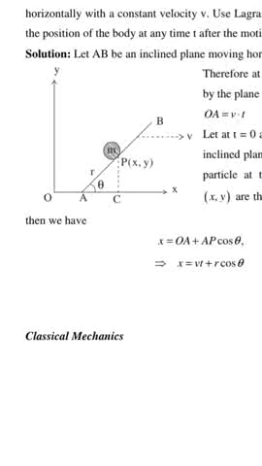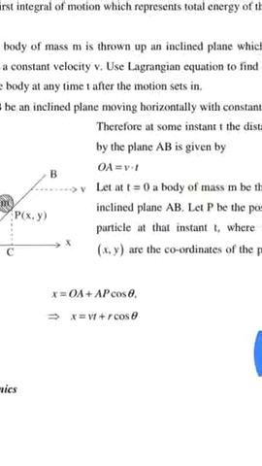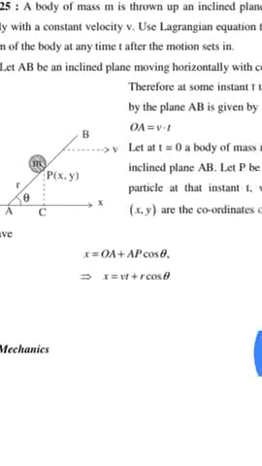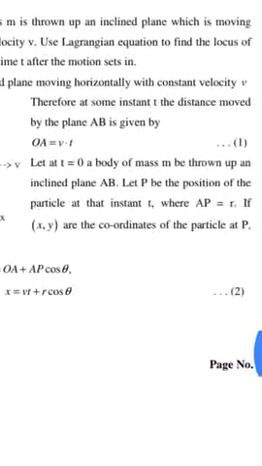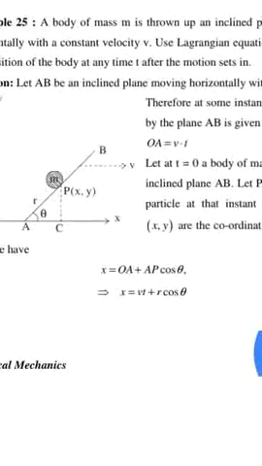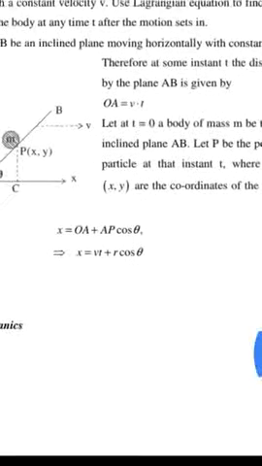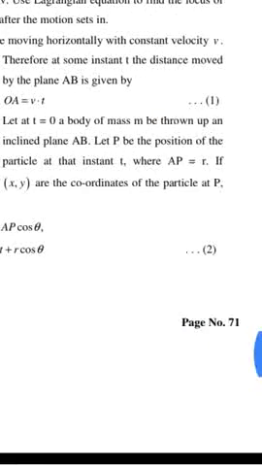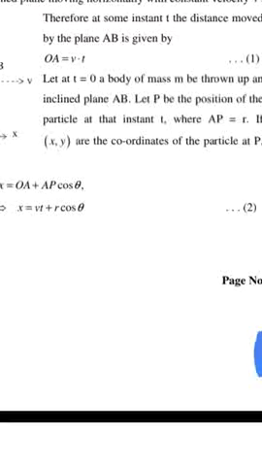Consider a plane inclined and moving horizontally with a constant velocity v. Therefore, at some instant the distance moved by the plane AB is given by OA is equal to v multiplied by t. Let at t is equal to 0 the body of mass m be thrown up the inclined plane AB.